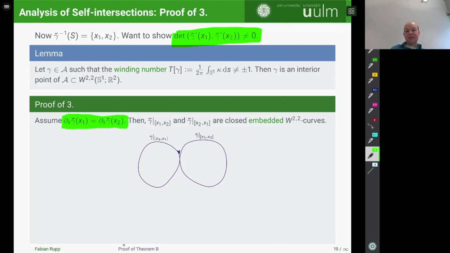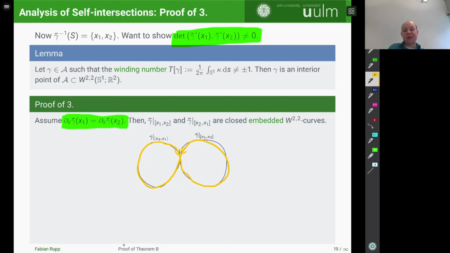And in the case that they coincide, then the curve looks like so. I start here from this H shape and then I go around like this, right? So at this point here, I go through it twice, but the two tangents are the same at this point where I intersect.